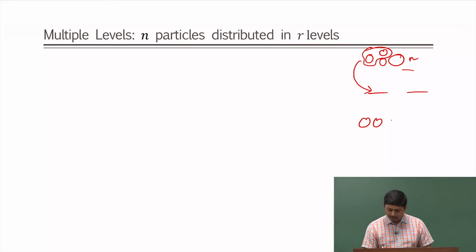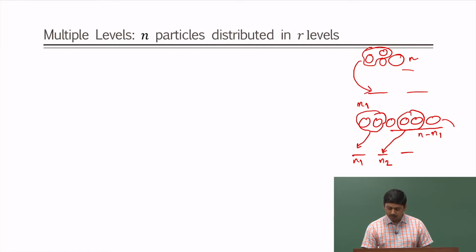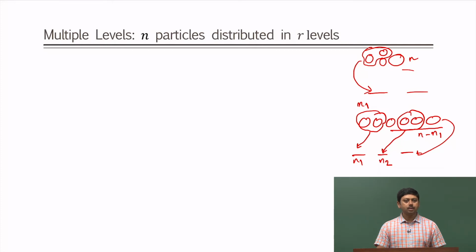Now, let us say we have a 3 level system, sorry, 3 level system. So, I should not put the fourth one. What I can do is choose some n1 number of particles for the first level, that leaves me n minus n1, and out of this n minus n1 I can choose another n2 for the second level, and the rest will automatically go to the third level. So, the way it will work is, let us say I have n particles.